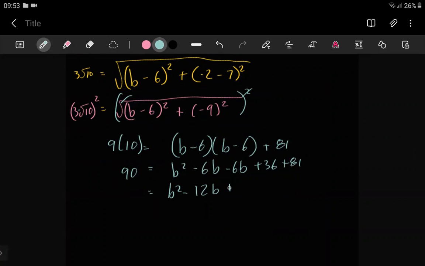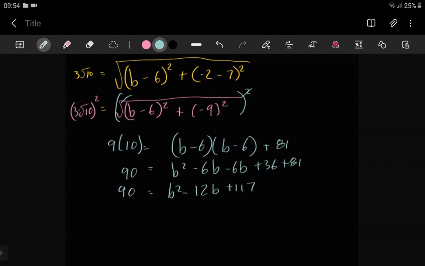What is 36 plus 81? Maybe 117. No, 127. No, 117, right?